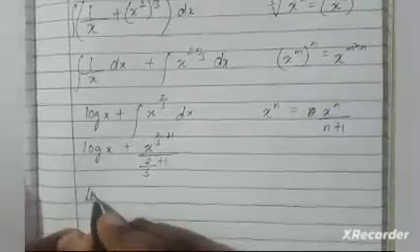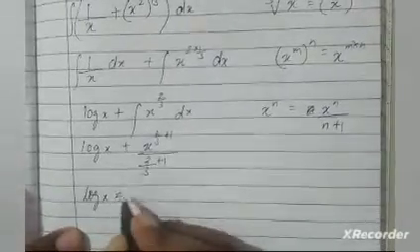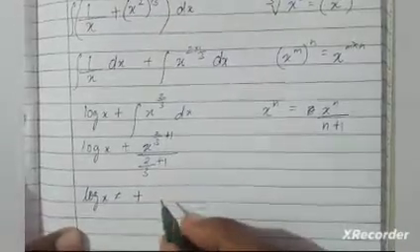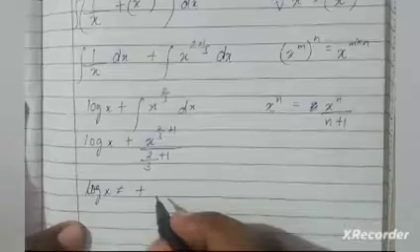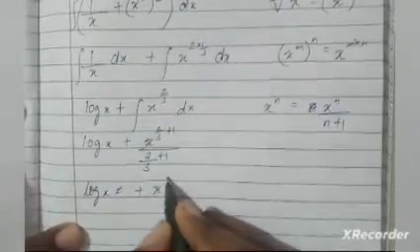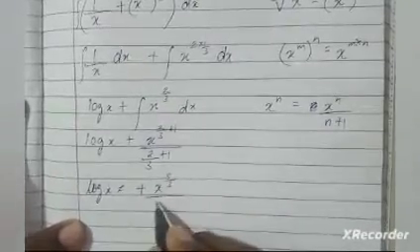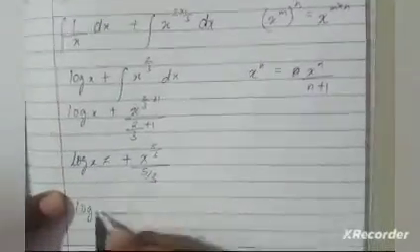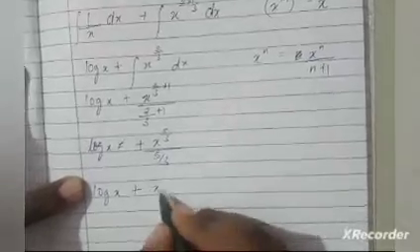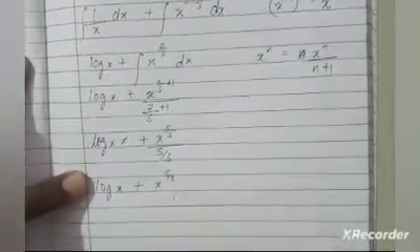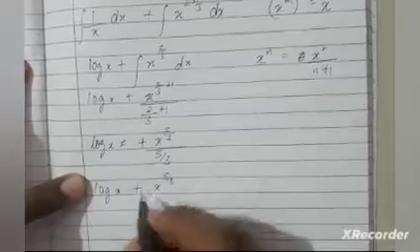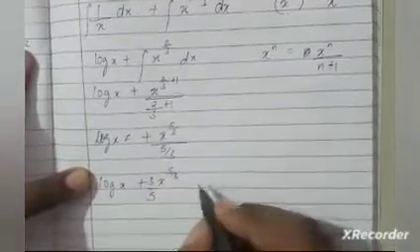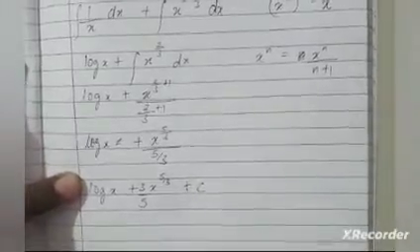Now log x as it is, plus, then we have to add this 2 by 3 plus 1, we get 5 by 3, x raised to 5 by 3, same 5 by 3. Now we will write log x plus x to the power 5 by 3, and we have to write this 5 by 3 in this coefficient. It will be 3 by 5 and plus c.